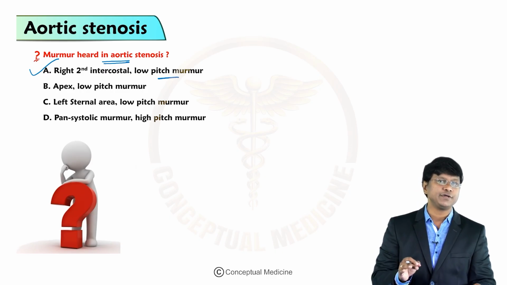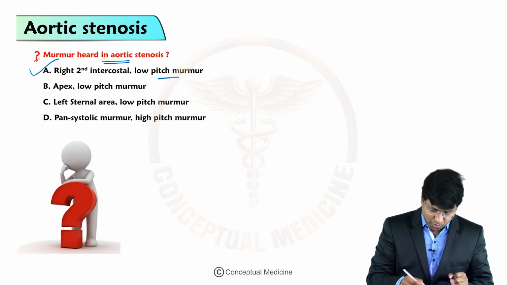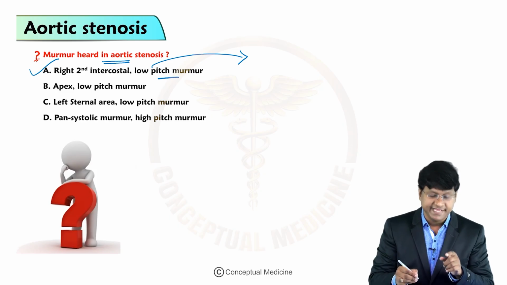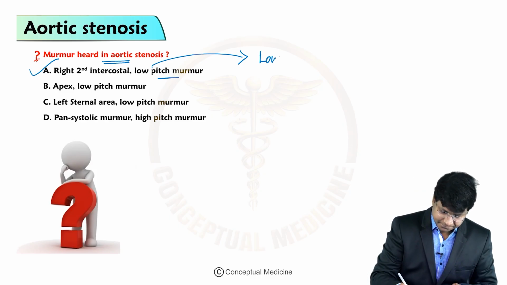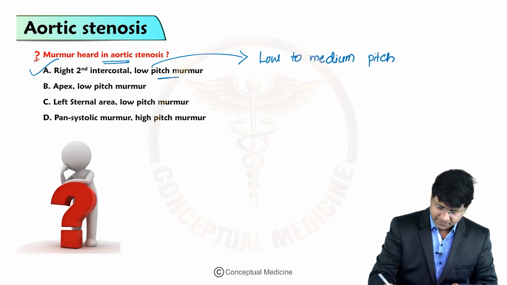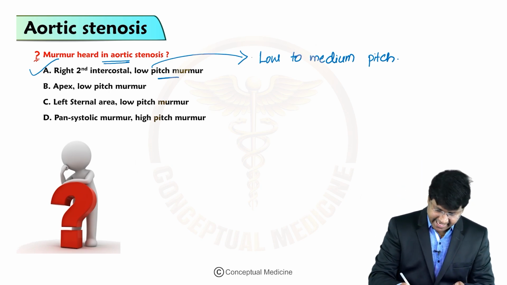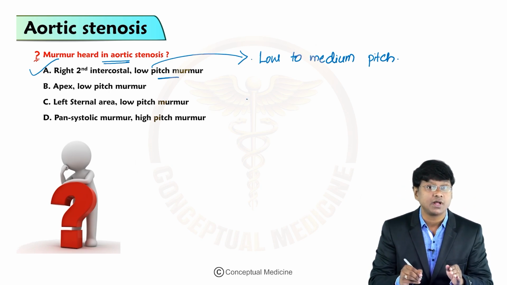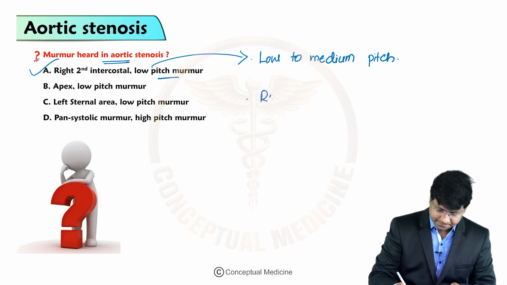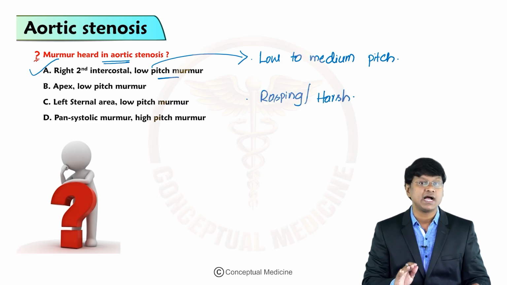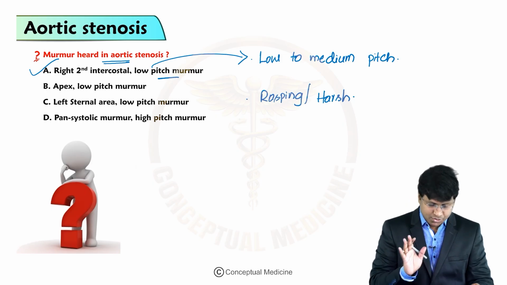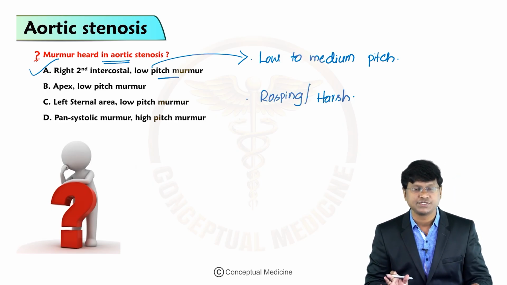So the murmur of aortic stenosis is low to medium pitch, and it is harsh or rasping in character. So that will be the murmur of aortic stenosis.